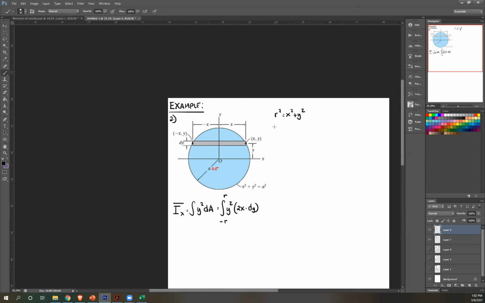Therefore, x is equal to the square root of r squared minus y squared. I'll substitute that here. We get the integral of y squared times 2 square root of r squared minus y squared dy from negative r to r.